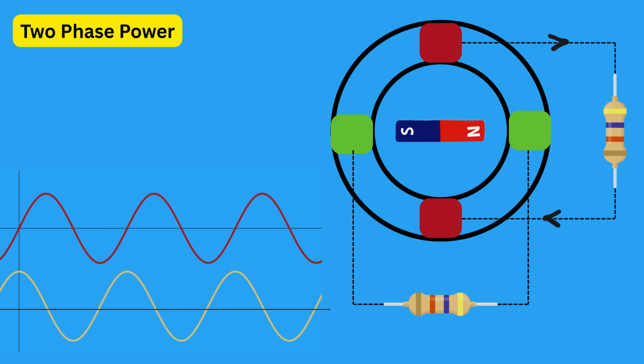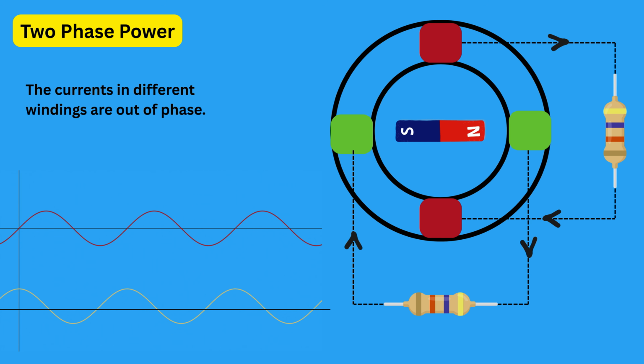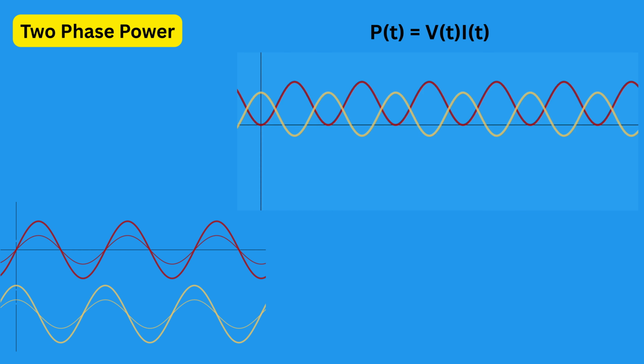If identical loads or resistors are connected to both windings, the currents in them also remain in phase with their respective voltages, and hence are out of phase with each other by 90 degrees. When we calculate the instantaneous power of each phase and then add them together, something remarkable happens.